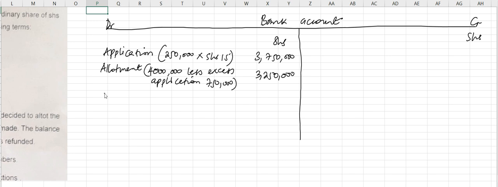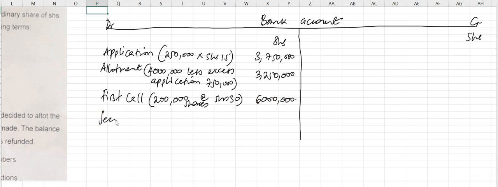So first call, money is going to be received. First call, so we debit the bank account. First call, we have our 200,000 shares, each at shillings 30. That's on first call, and this gives us 6 million.